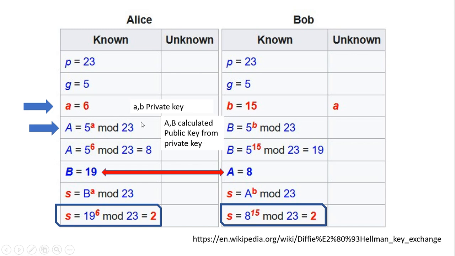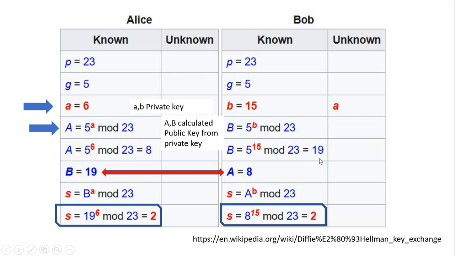Now, using advanced mathematics, Alice generates the public key using exponent and modulus. So the number becomes 8. And likewise, Bob uses exponent and modulus to get the number 19.